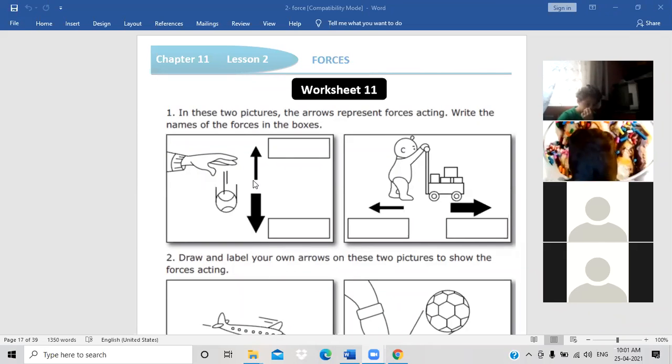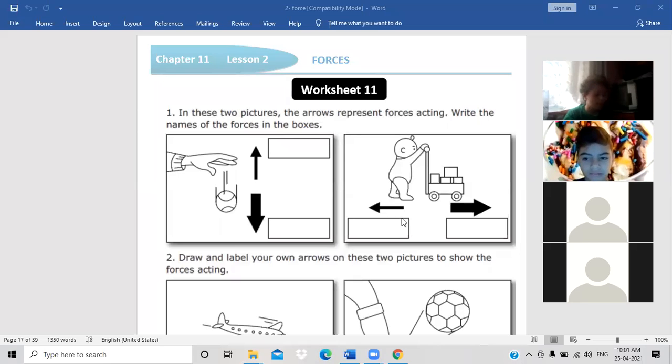Do you remember what is the force which is pushing the objects up? Does anyone remember? Yes, Ayman. This is not water, this is air. Air resistance. Yes, air resistance.